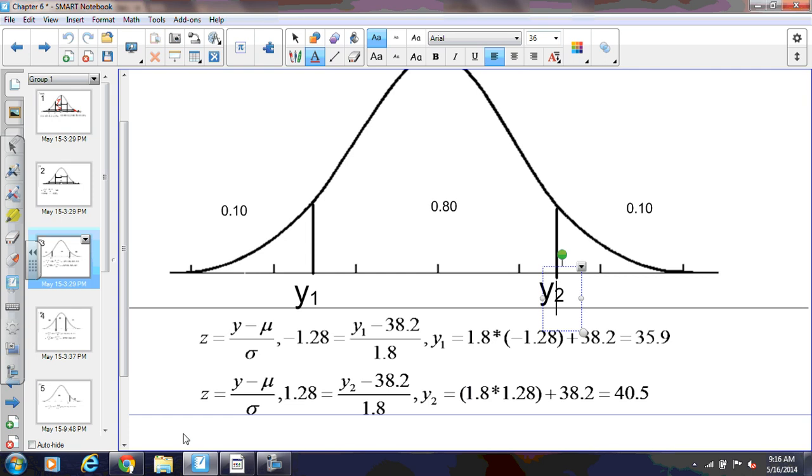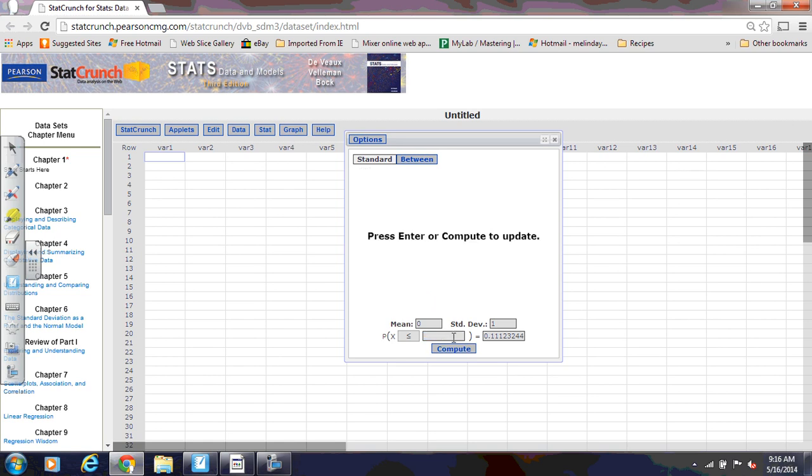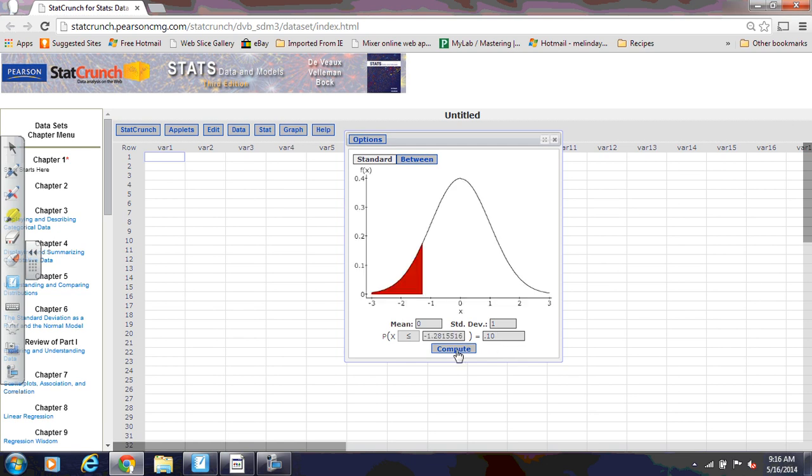All right, to do that, we're going to again go to StatCrunch, and this time we're going to cancel that out, because we're trying to find that z-score, and that value is going to show up here. We're going to enter 0.10 because we're trying to find the z-score that corresponds to an area of 0.1.